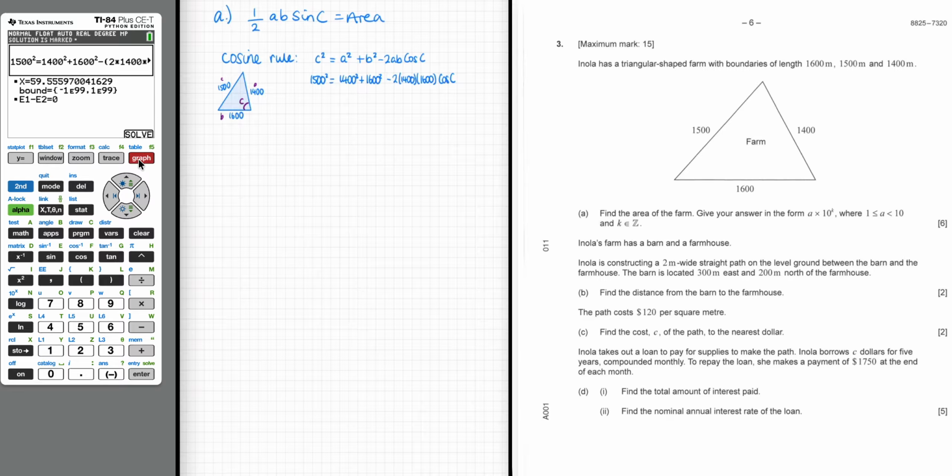And we find that we have the angle of 59.6. So C is equal to 59.6 degrees.